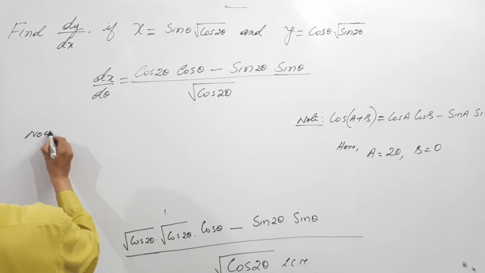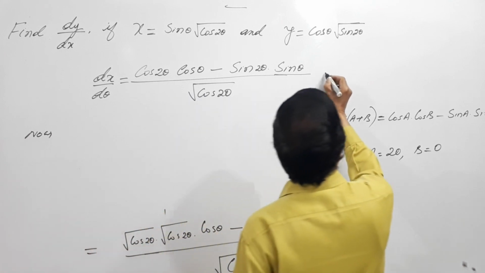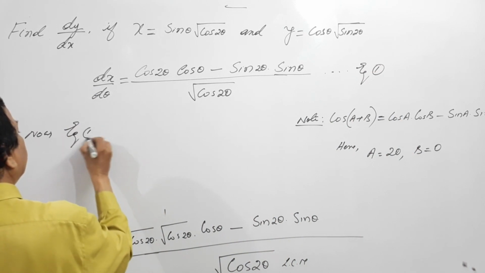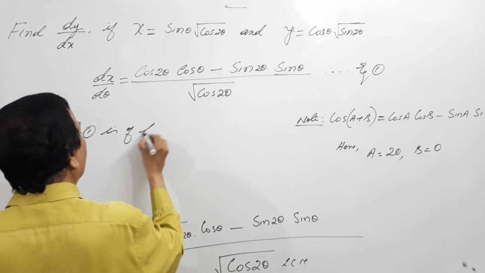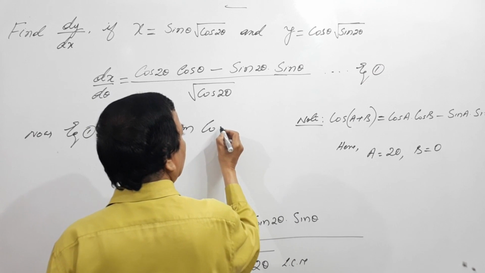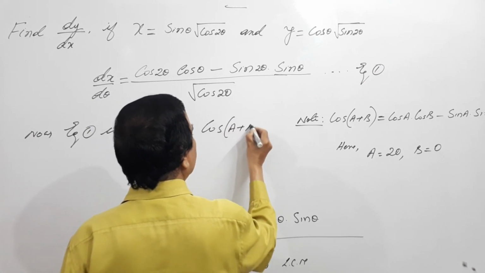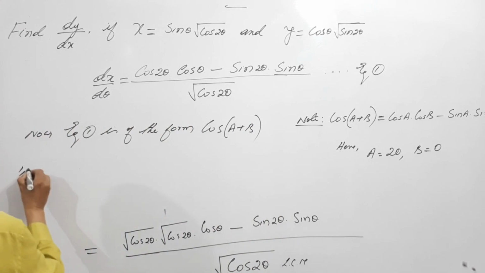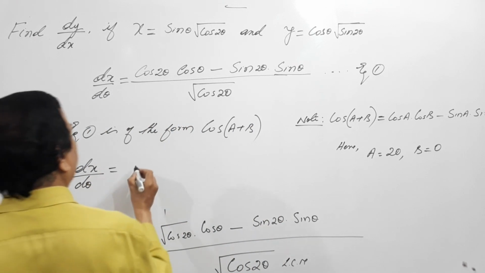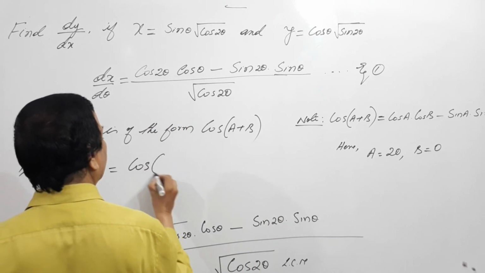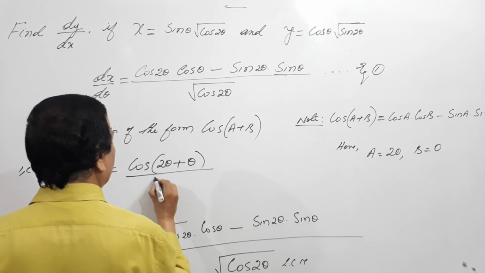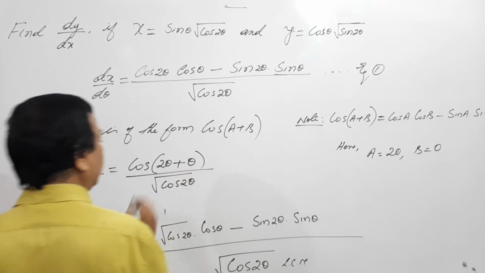Now I call this equation 1. Equation 1 is of the form cos of A plus B, that is dx by d theta equals cos of 2 theta plus theta by root cos 2 theta.